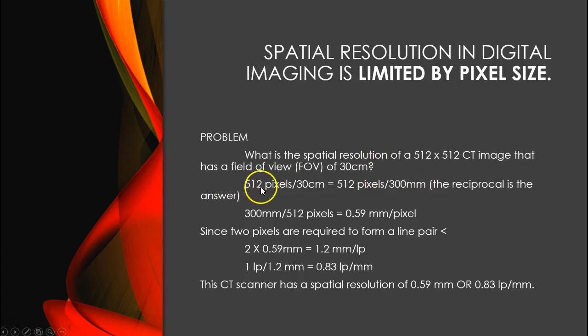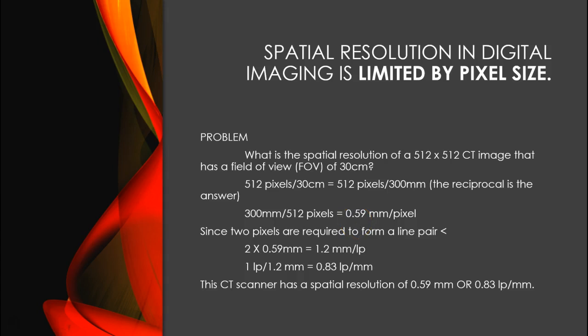Okay, so 512 pixels over 30 centimeters is going to also equal 512 pixels over 300 millimeters. Now then we go to the second part of the equation where the reciprocal is the answer, so turn it upside down. 300 millimeters over 512 pixels is going to give you 0.59 millimeters per pixel.